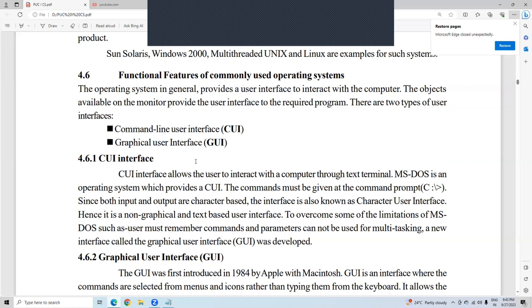When I start MS Word, I can do some operation in it because the interface is there. Those interfaces are of two types: CUI and GUI. CUI stands for command line user interface and GUI stands for graphical user interface.